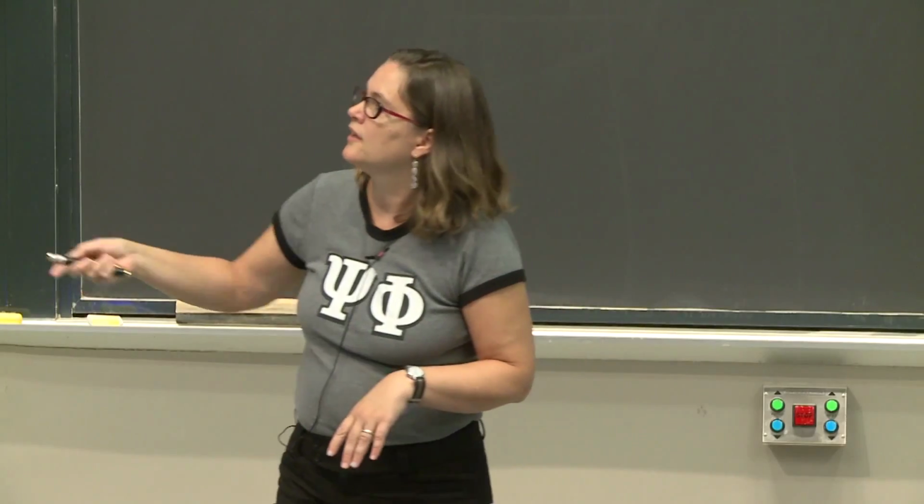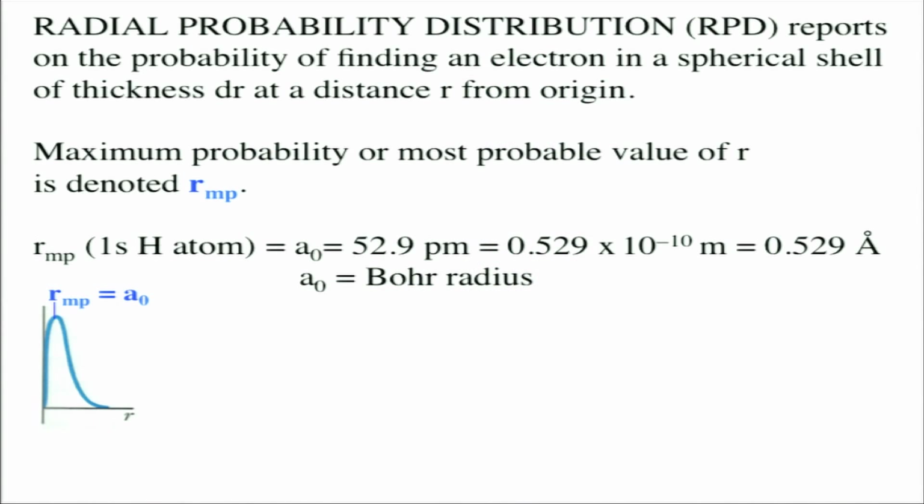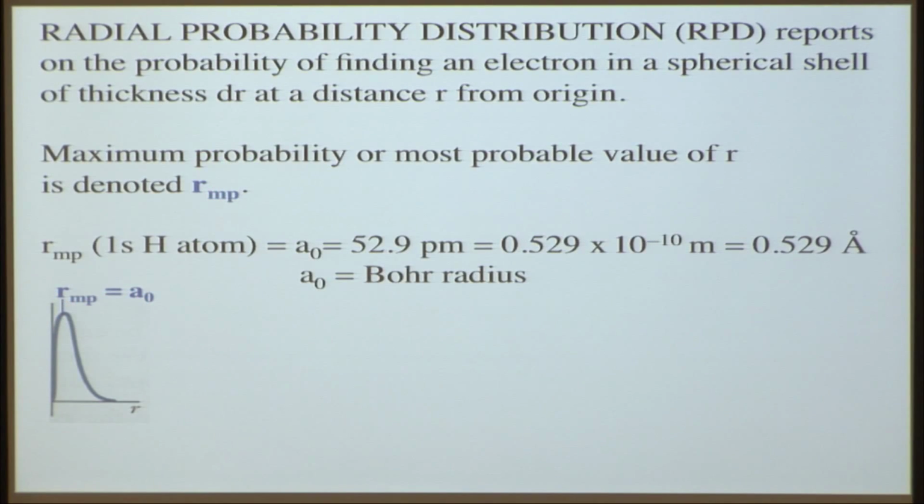So the top one and the bottom one both talk about the probability of finding an electron in a particular unit. And I'll give you just a little more definition of this, and this is on the same page above those different plots. So the radial probability distribution reports on the probability of finding an electron in this spherical shell at some little distance dr from the origin. And one thing that comes out of this, which is pretty important, is the most probable value for that distance r, which is denoted r_mp, so most probable distance.